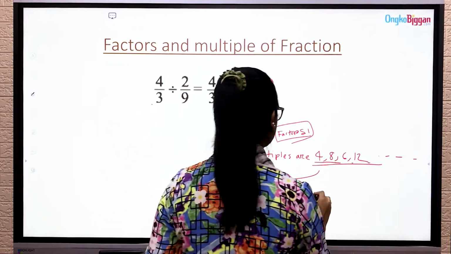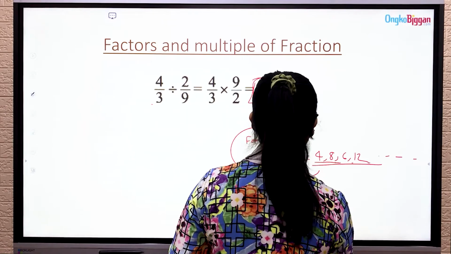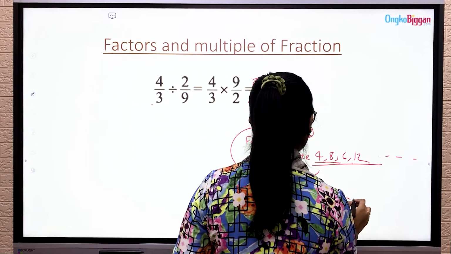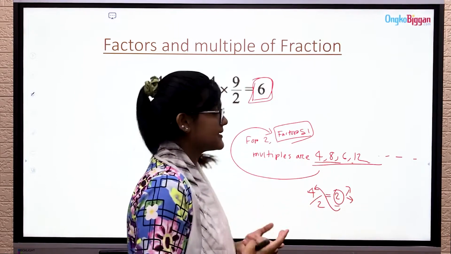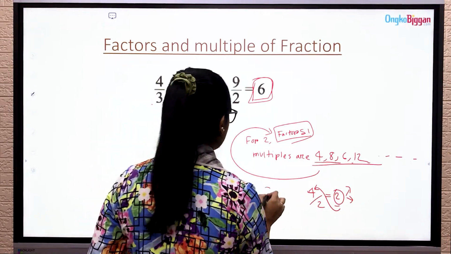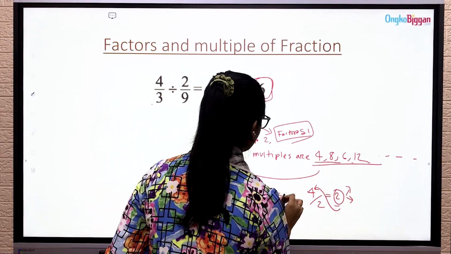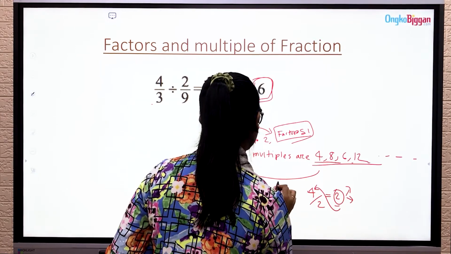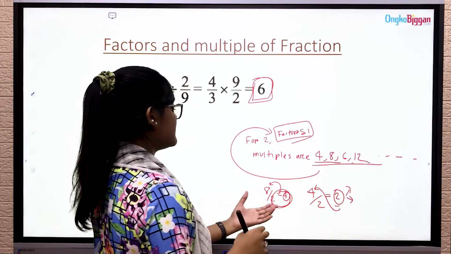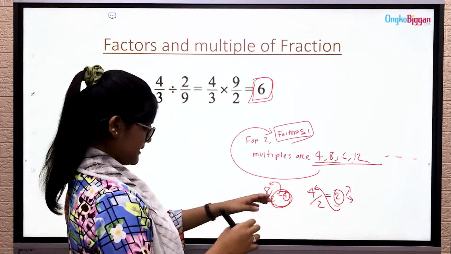That means 4 divided by 2 we get 2, and 2 is a whole number. That means 2 is a factor of 4. Similarly, if we divide 8 by 2, we get 4. That means 4 and 2 both are factors of 8, because by dividing this we are getting a whole number.